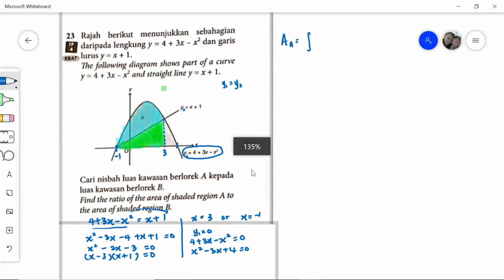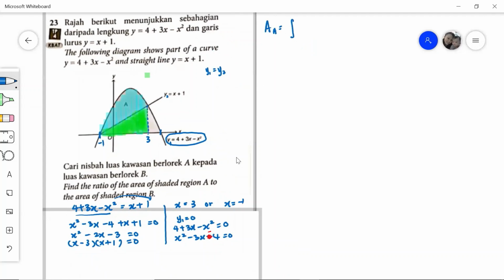We can factorize this: x and 4, x and 1 equals 0. So negative and positive. We have x equals 4 or x equals negative 1. So this is 4 here, because negative 1 is already found just now.